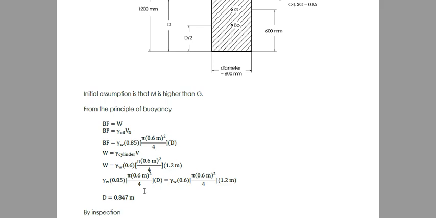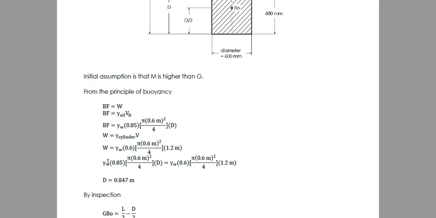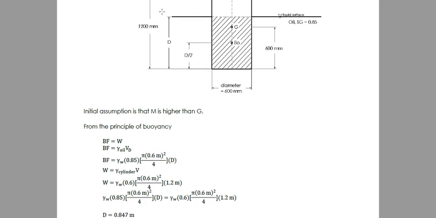And then equate the two forces, so the buoyant force and the weight. Since it's a floating body, they are equal. Cancel yung gamma ng water. We're left with D. Okay, cross multiply lang natin. And then D is equal to 0.847 meters. So that's the depth of flotation or the draft.